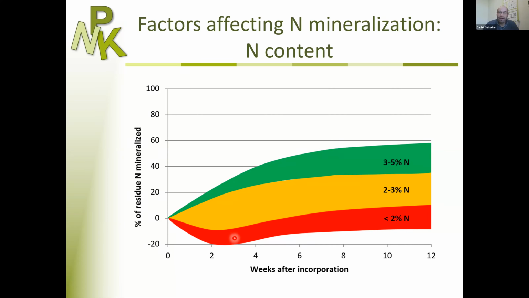And only later, after a while, we see nitrogen mineralization or an increase again in the amount of plant available nitrogen. So why is that? Why do microorganisms sometimes mineralize nitrogen, sometimes immobilize nitrogen?